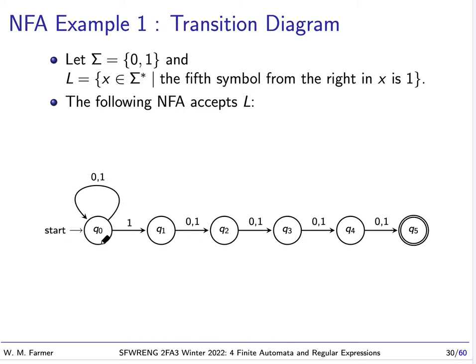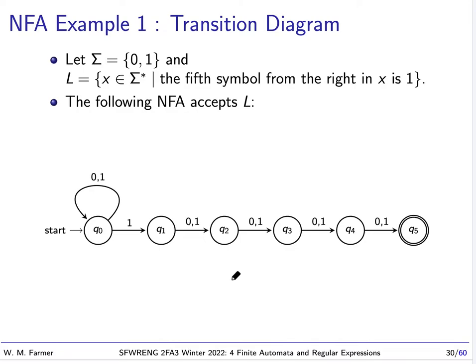Then at some point you can decide to read a 1, and after that you read one more symbol, then another, then another, and finally a fourth symbol. At that point you will be in Q5 and you accept. So the idea is to read a bunch of symbols, then read a 1, which will be the fifth from the last symbol.